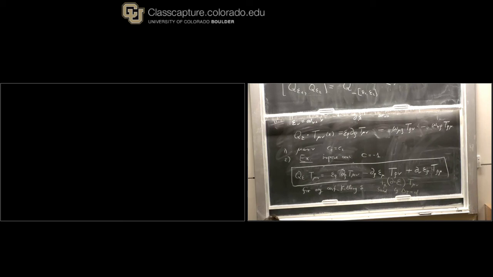So let us recap. What did we do? In the first lecture we introduced the conformal group, first of all as a group of transformations acting on space. Then the conformal algebra. Then we took the same algebra and we postulated that it was acting on the space of local operators.